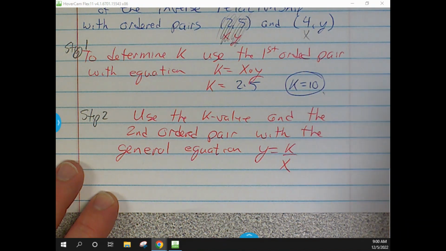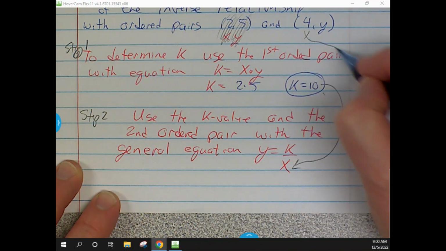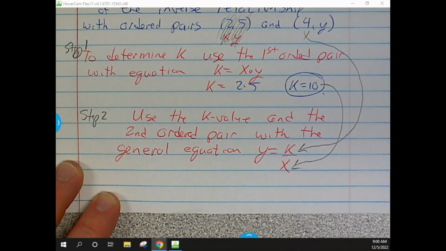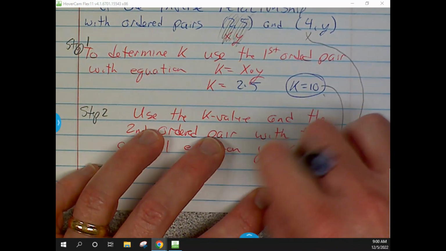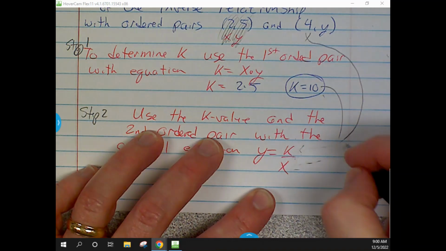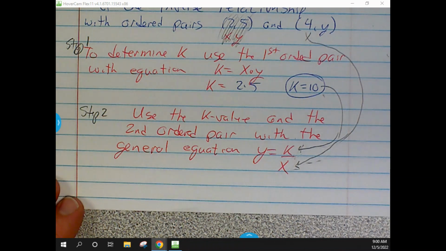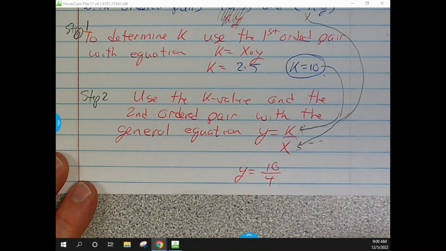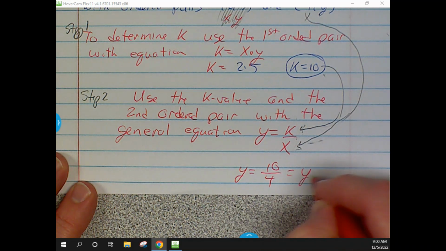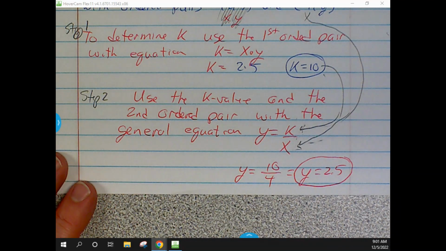And that's how we're going to figure out what that missing value is, because now we're going to take this k equals 10, plug it back in here, take this x value of 4, plug it back in here, and then see what we can get. Oh, wait, I'm plugging in the wrong spot, didn't I? Oops, my bad. Hang on, got them crisscross there. K value goes there, x value goes there. All right, so y is 10 divided by 4. So then y is 2.5.